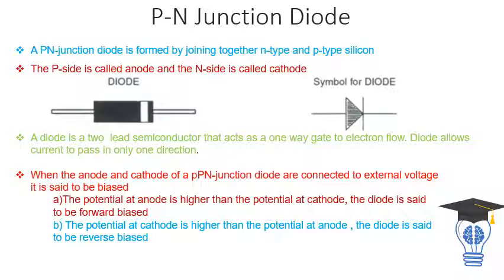If the positive terminal of the battery is connected to the N junction, that is the cathode, and the negative terminal is connected to the P type, that is the anode, then the diode is said to be reverse biased.